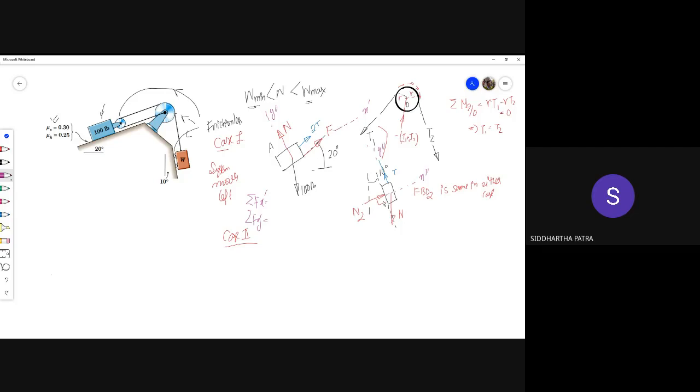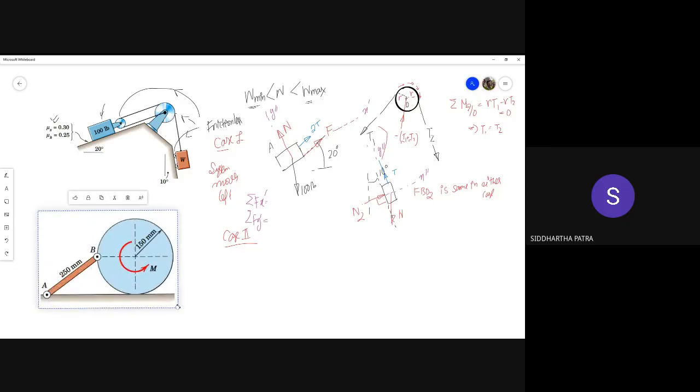For this problem, actually, I remember the answers, so I can verify whether the answers are correct or not. Yes, the answers are correct. 3 and 31 are correct. Okay, so could you at least get W min?